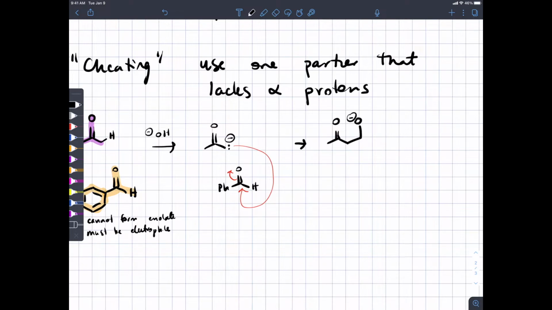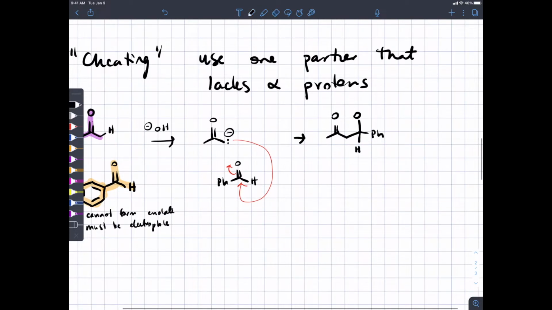That negatively charged oxygen is going to get protonated by water, so I'm going to just show that directly, and it would also be acceptable to draw the alpha-beta unsaturated carbonyl compound, and if you wanted to, you could draw the stereoisomer as well. I'm not going to make a big deal out of that.